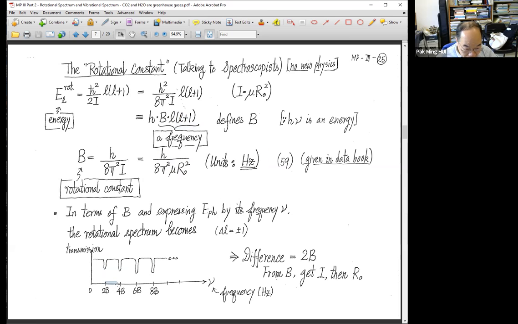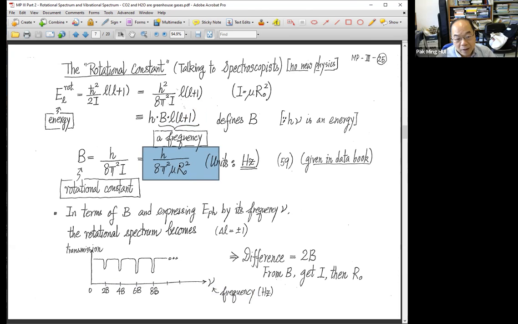Only the spacing between two dips is now 2 B, okay? You can work it out from here, all right? So, again, the same game, someone gives you this in Hertz, okay? And then you can read out this thing. This is 2B, twice of this, and then you can extract it out.